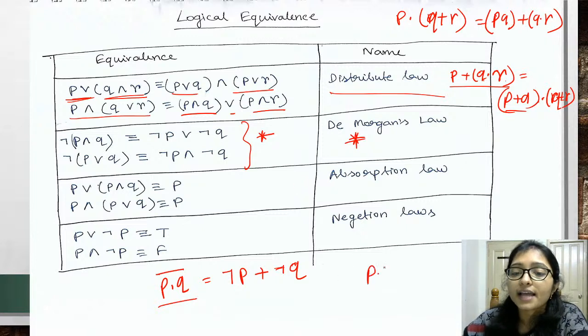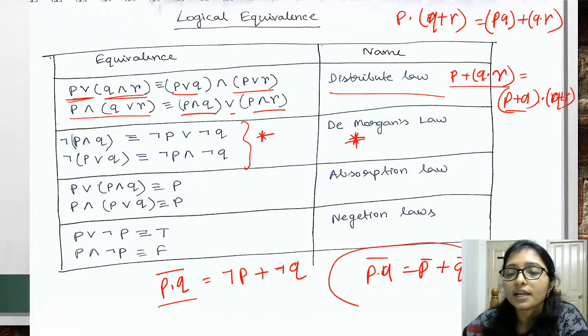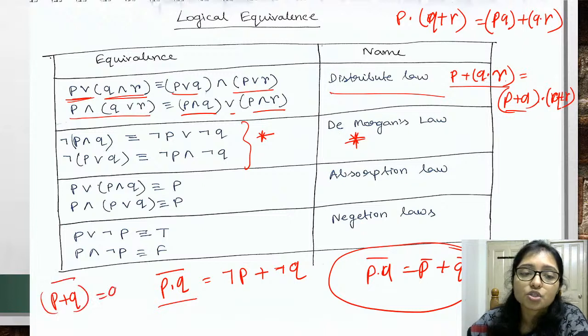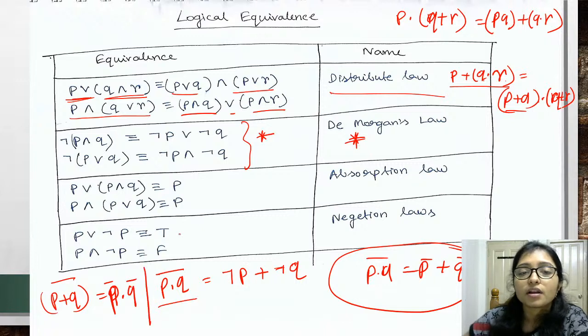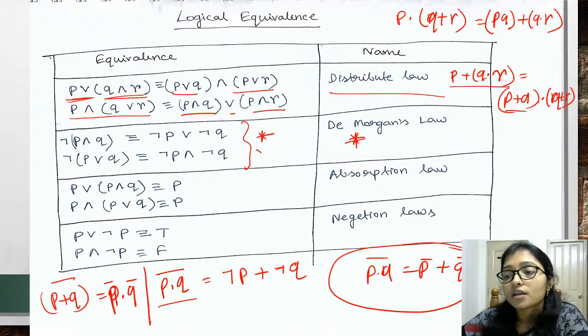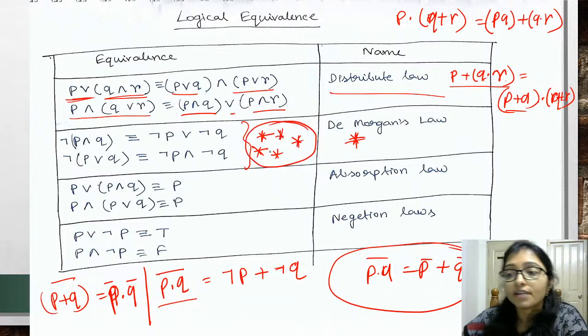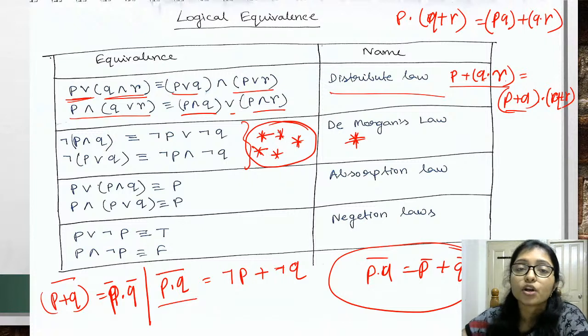You write it like that: P dot Q bar equals P bar plus Q bar in digital logic. And the same also for the OR gate: P plus Q bar equals P bar dot Q bar. Right? Clear? So this is very, very important. 5 star is there. Try to remember De Morgan's law.